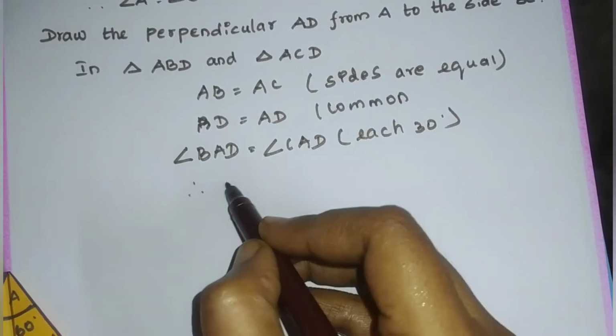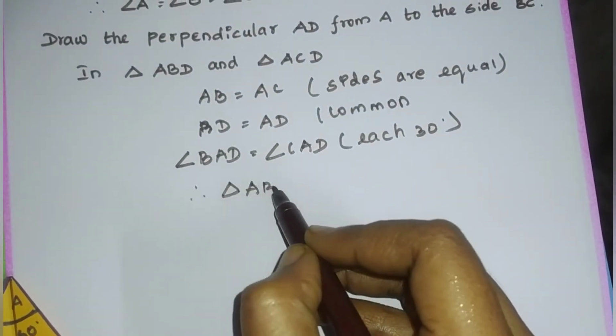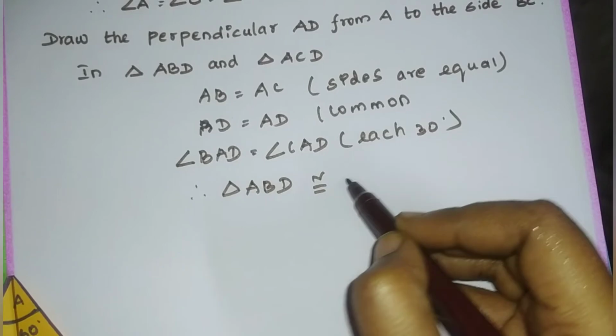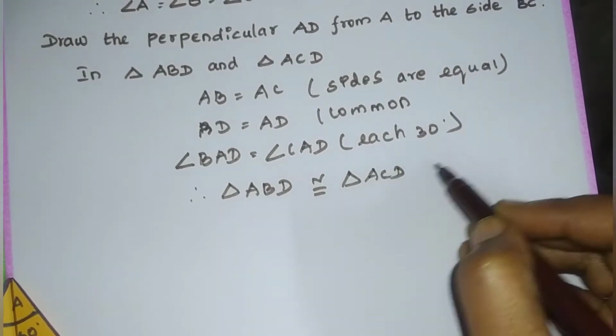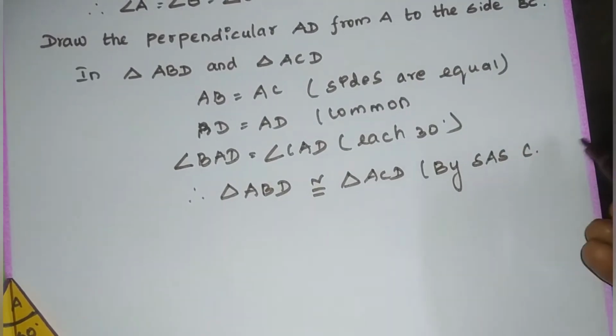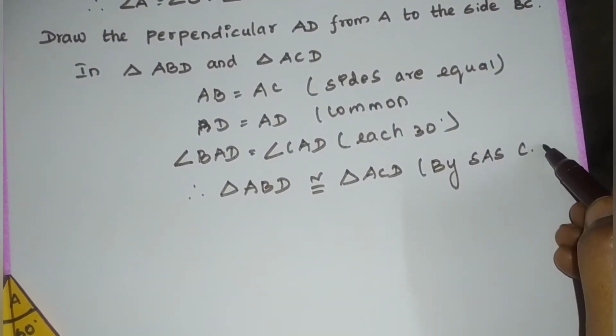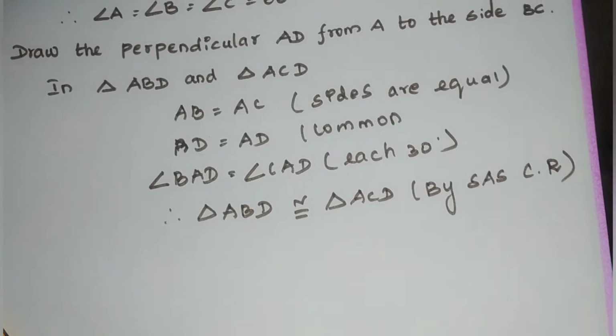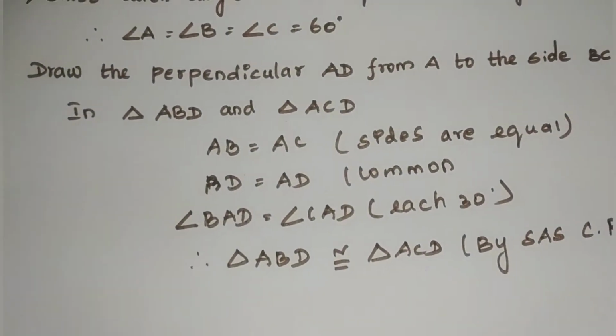So we can tell that the triangle ABD is congruent to the triangle ACD by SAS congruent rule. Clear all of you?